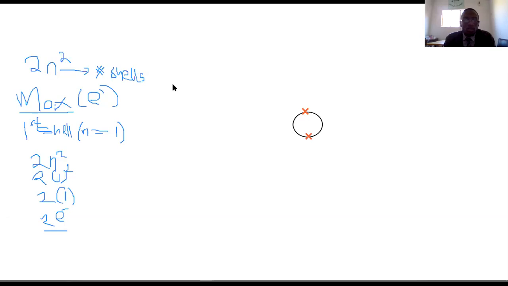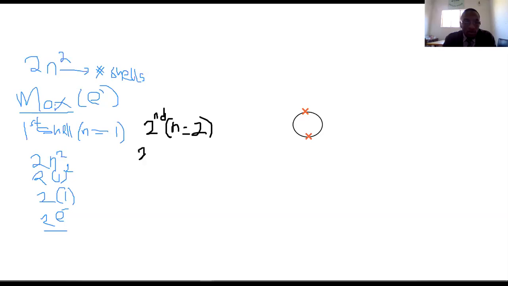Let's use the formula to determine the number of electrons that can be put in the second shell. So in the second shell, it means our n is equal to 2.